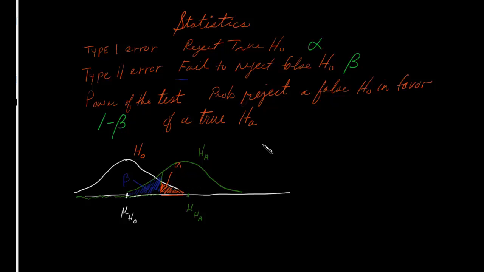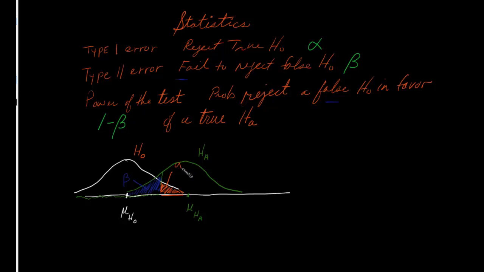Now what about the power of the test? The power of the test is the probability that I reject a false null in favor of a true alternate. If this is my true alternate, what's the probability that I reject this null hypothesis?